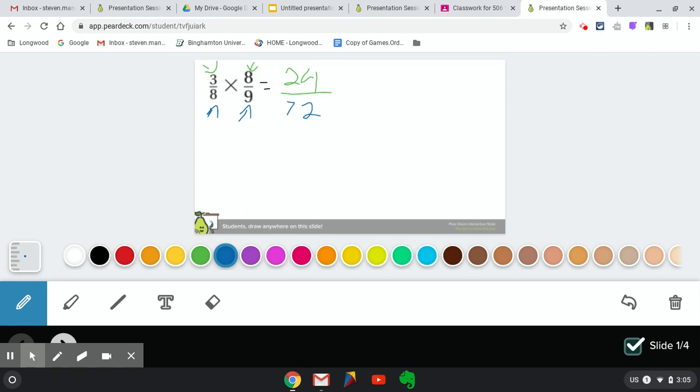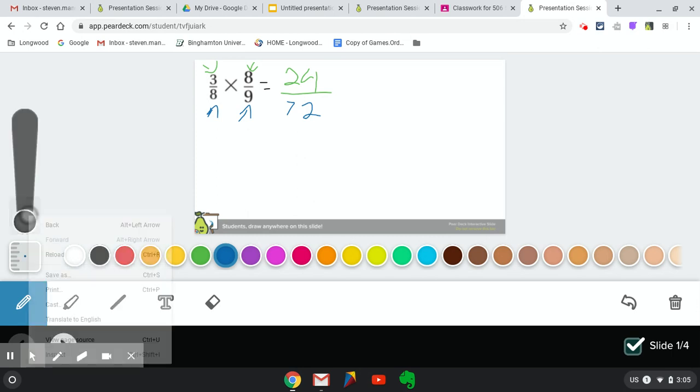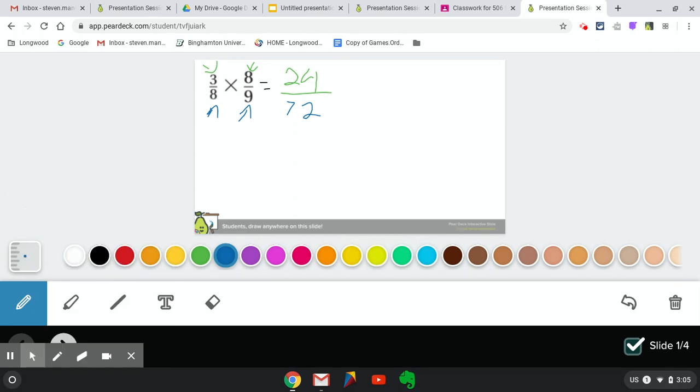So I know, because before we left for this distance learning, that a lot of us were still struggling with simplifying, that skill from fourth grade. So we can simplify this fraction, and hopefully we remember that to do that, we had to write out all of the factors of 24, all of the factors of 72, and we're looking for the largest factor they both have, okay?